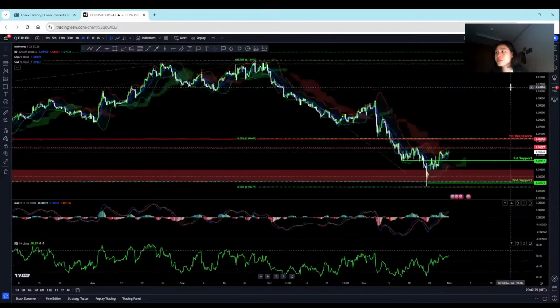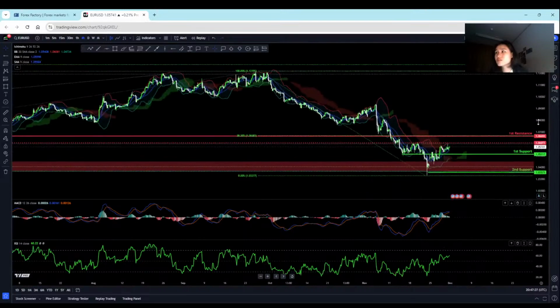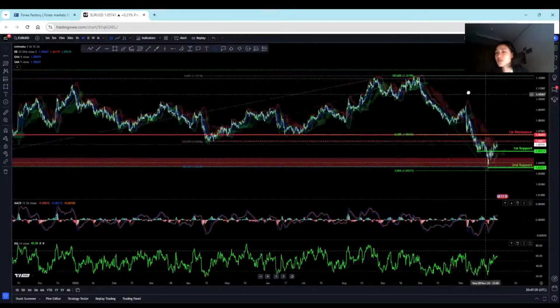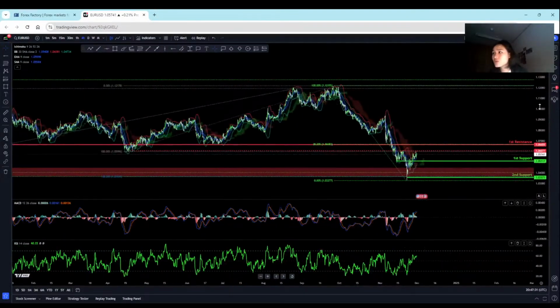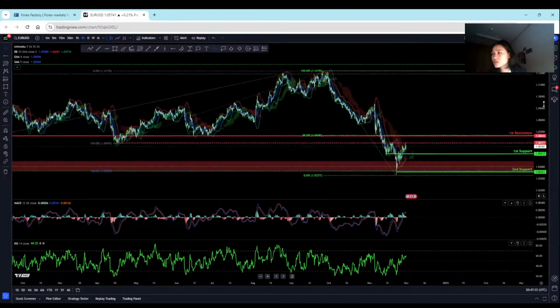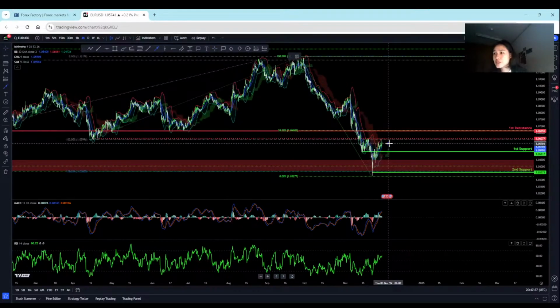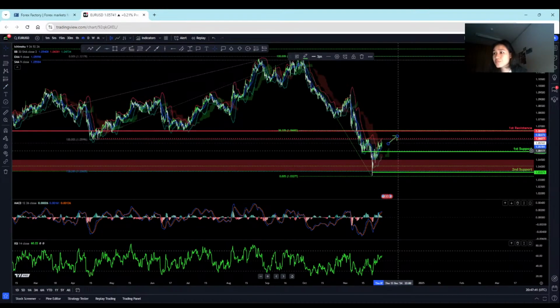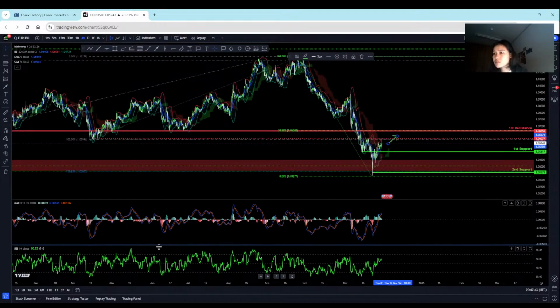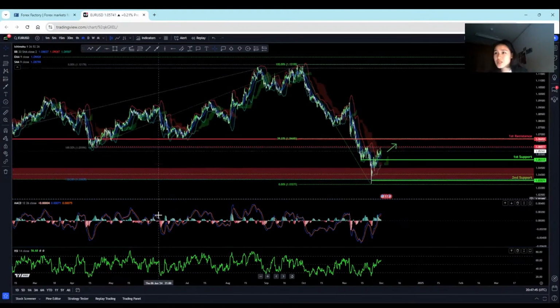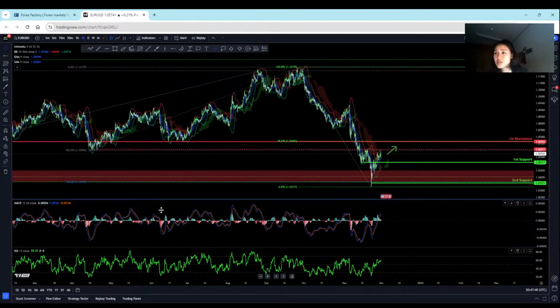So that's it for euro dollar. Overall, I am expecting prices to continue upwards. Just be careful of that intermediate resistance that we highlighted.